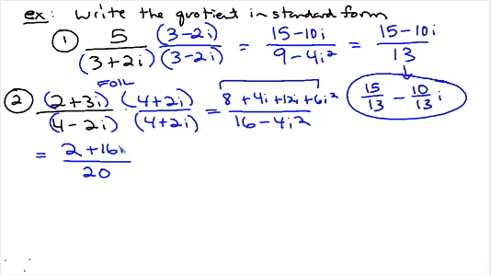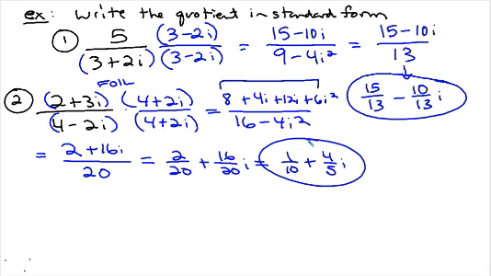And notice again, we can split that up into two fractions and make this 2/20 plus 16/20 i. And if we're really good pre-calculus students, and we are, we would reduce those fractions and make it 1/10 plus 4/5 i.